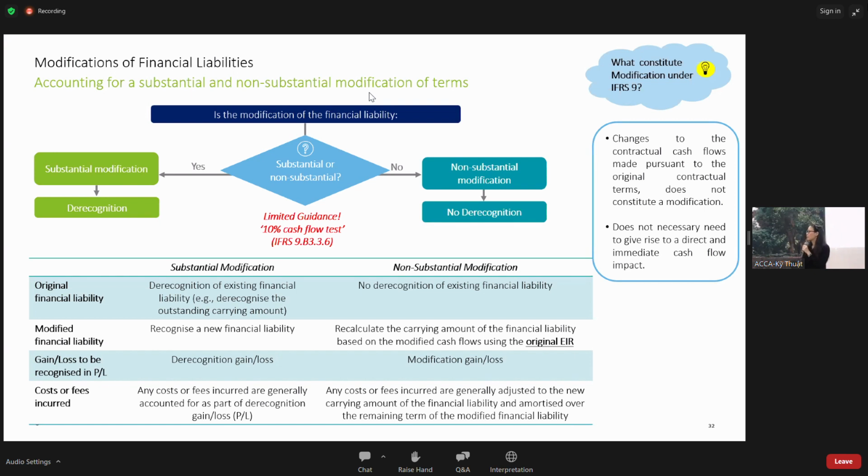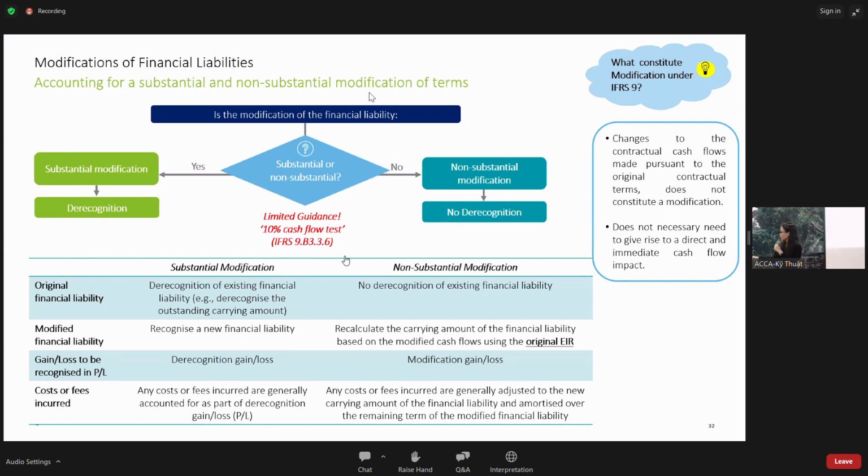So if I compare this with the previous IAS 39, when there was a non-substantial modification, they didn't have a P&L hit. After they introduced IFRS 9, non-substantial modification will also trigger a gain or loss in the P&L.